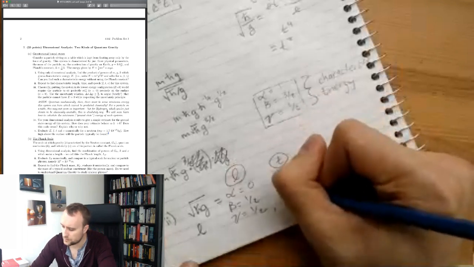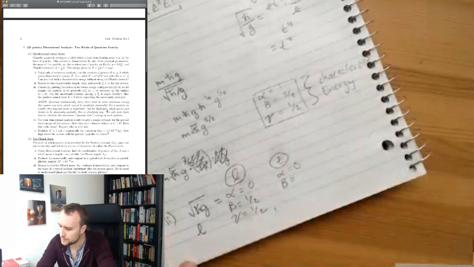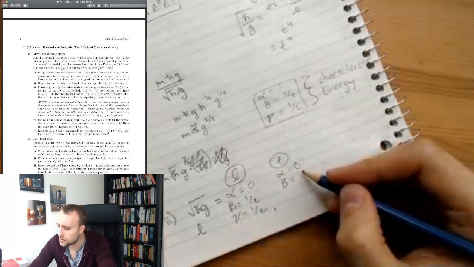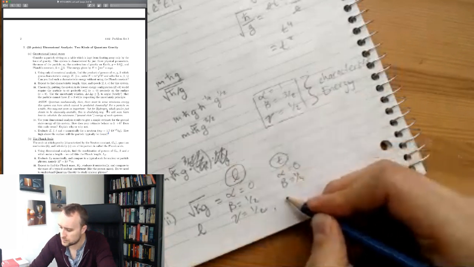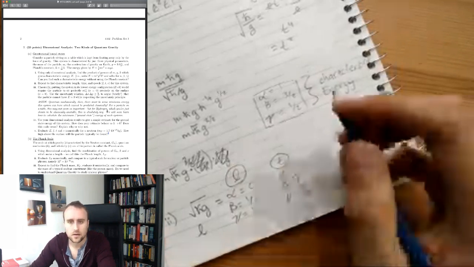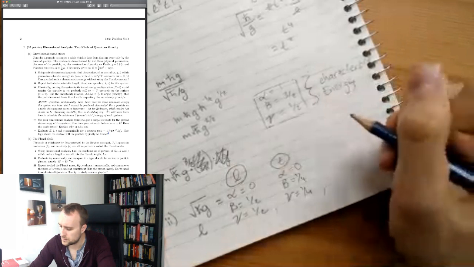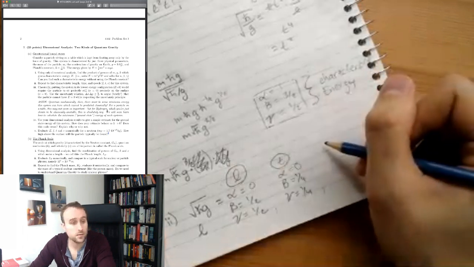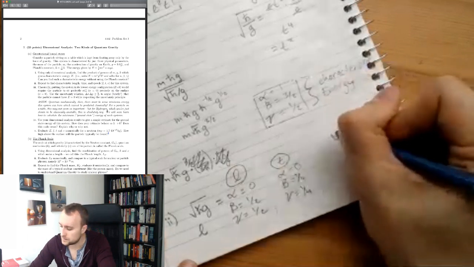Again, 0 is equal to, where are we? Is it 1/4? And where are we for velocity?